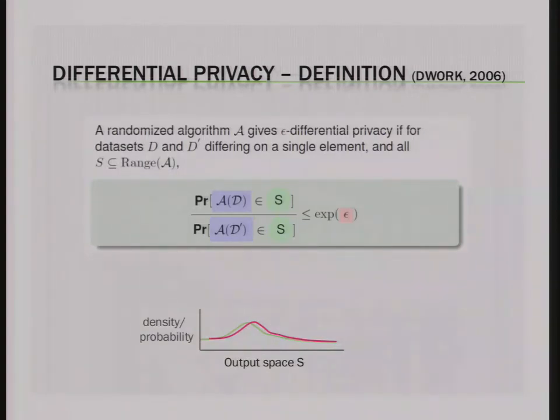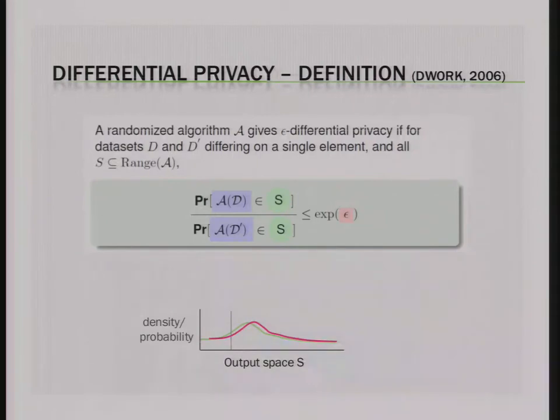These ratios should be small. They should be bounded by e to the epsilon. For instance, if I pick a particular point in the output space and compare the ratios of these distributions, they should be bounded, and this should happen for every point in the output space. If you have such an algorithm, then that algorithm is said to be epsilon differentially private.